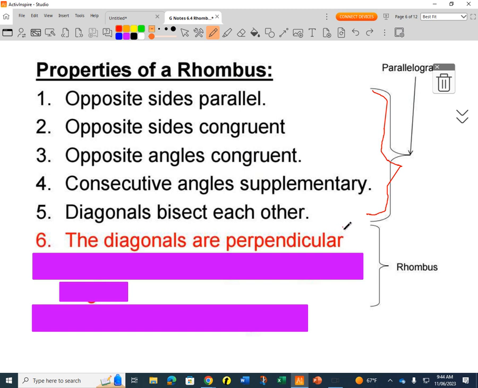So let's make ourselves a note. They make right angles where they intersect. So there's four right angles where the diagonals intersect in a rhombus.